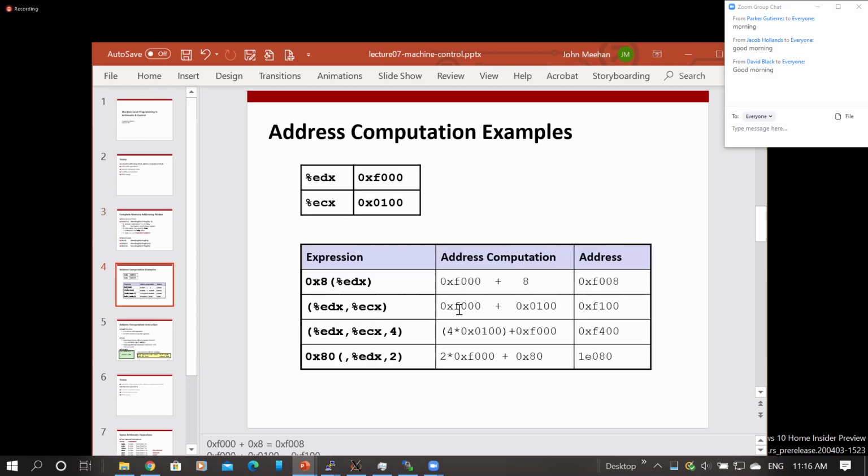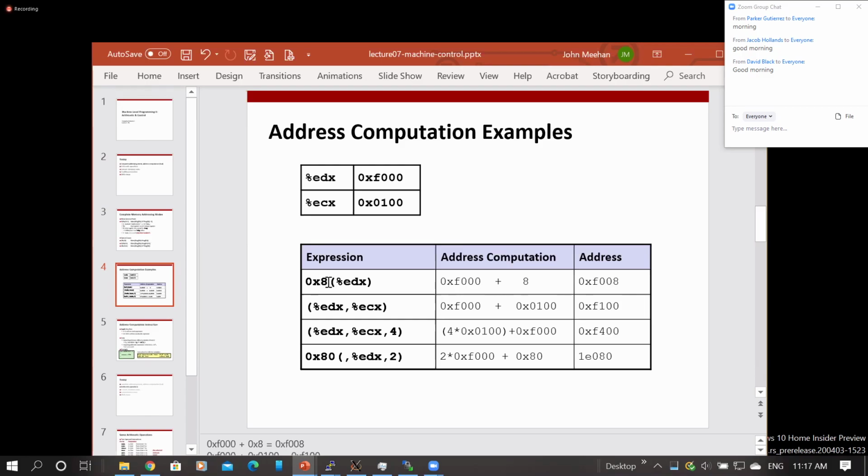So now we get these examples. If we had F00 in EDX, of course, there'd be 4 zeros to the left. It's 32 bits, right? Not 16. And so that was in ECX, and we had this addressing mode, displacement of 8, and we use the same conventions in writing the assembly language down that we use when we're writing down C. We use the 0x to mean this is a hex number.